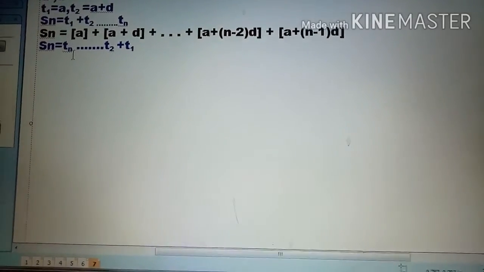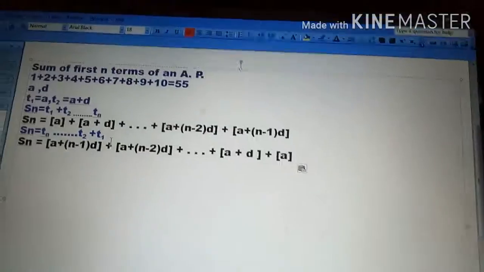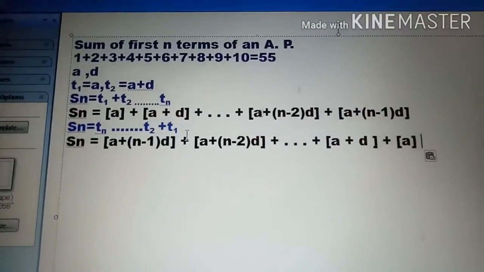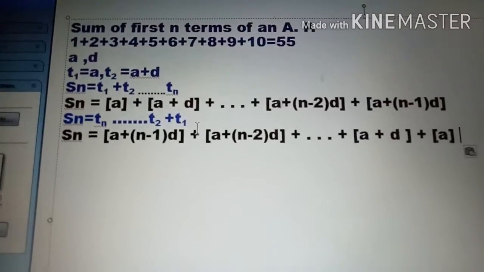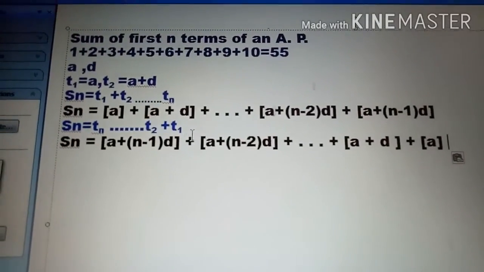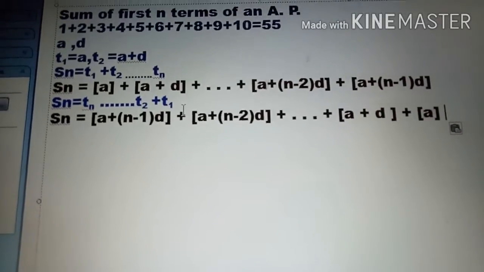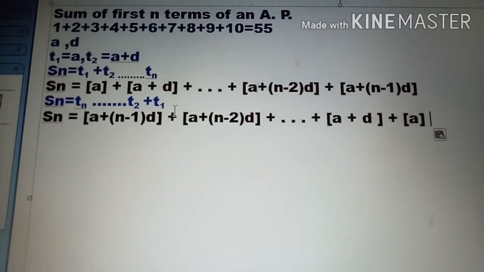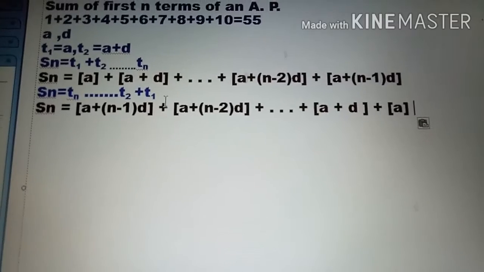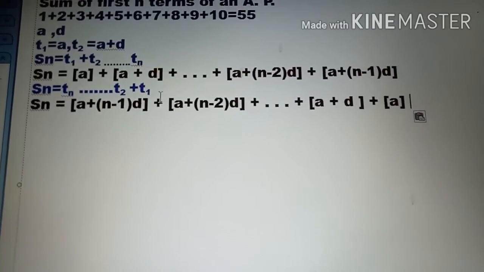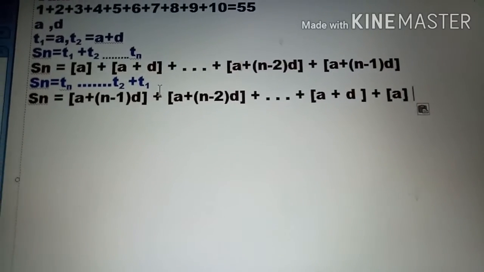So how will the equation become? If we write it reversely, Sn is equal to Tn, which we know is a plus n minus 1 into d, plus the second last term a plus n minus 2 into d, plus dash dash, T2 which is a plus d, and plus T1 which is a.